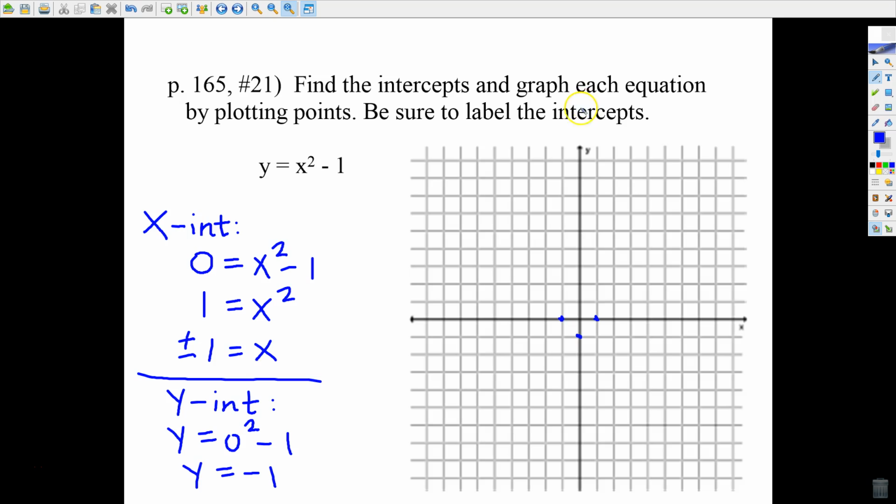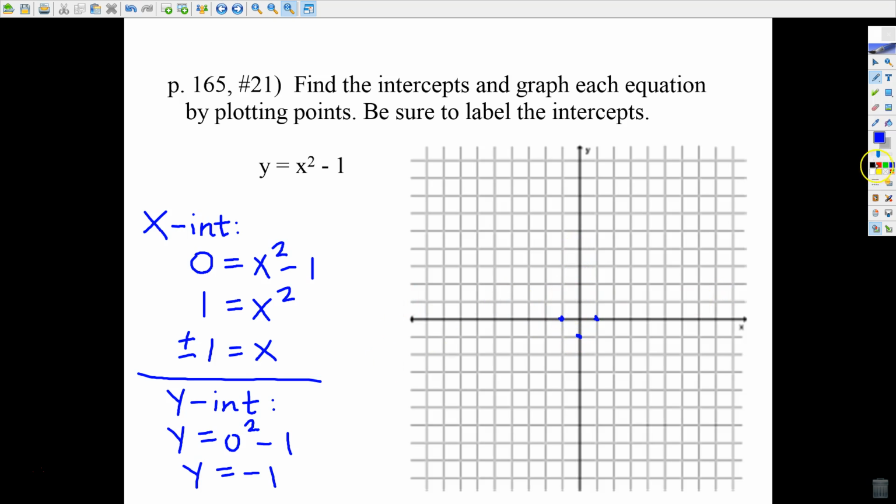Okay, so I'm going to go ahead and treat this as though I need maybe just one more input, because you probably recognize this is going to be a parabola, and with all parabolas we have symmetry around a certain line. And in this case, that symmetry occurs around the y-axis.